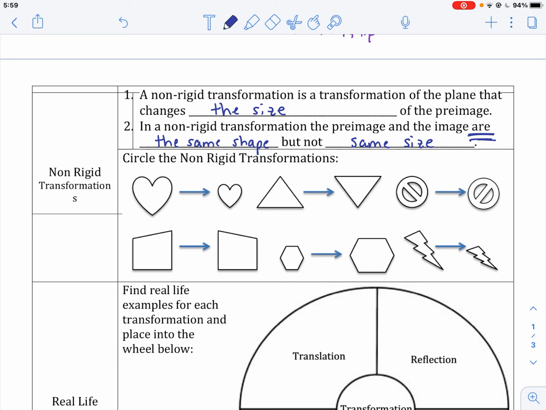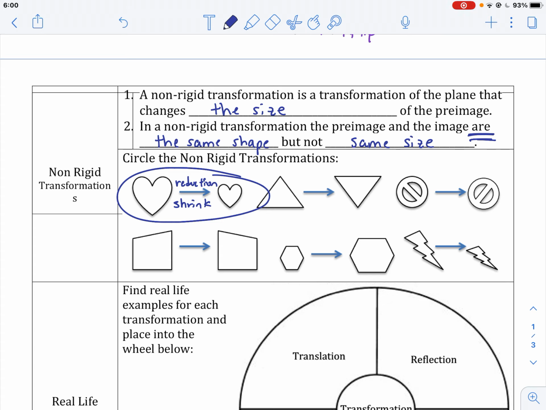So we've talked about dilations. So we can see that in this first example with the heart, it was reduced or shrunk. So the size was not preserved there. So we could call that a reduction. We could say that it's a shrink.